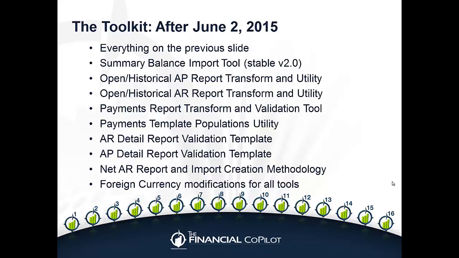We also have open and historical AP report transform and utilities, which means that any level of detail that they want on their AP or AR subledger, we can now perform, as well as payments report. We also have a payments report transform and validation tool, meaning that we can get payments into the system and validate that those payments match the invoices from which they came.